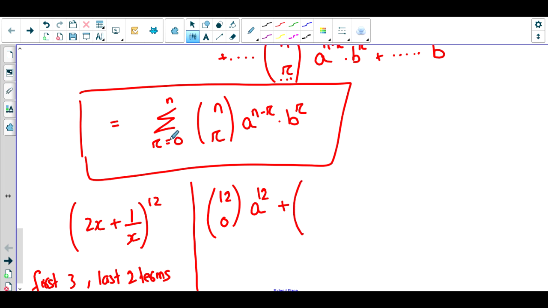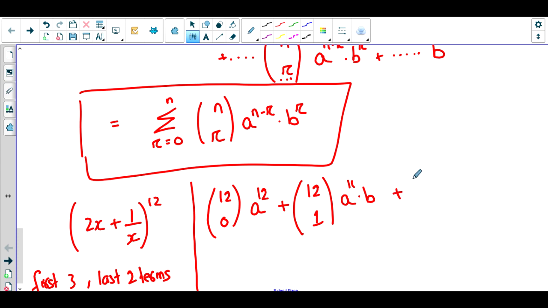r now is 1 because summation is from 0 to n. It means every time adding 1 to r. So 0, 1, 2, 3 up to n. So it will be what? 12C1 a^11 b. He said first three terms, right? So what will be the next term?